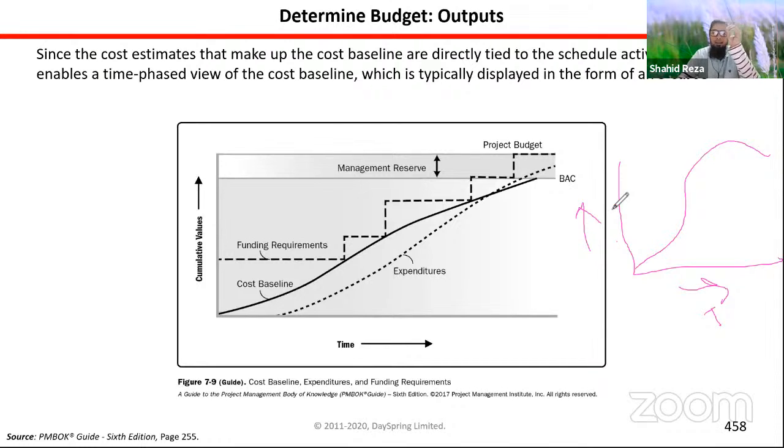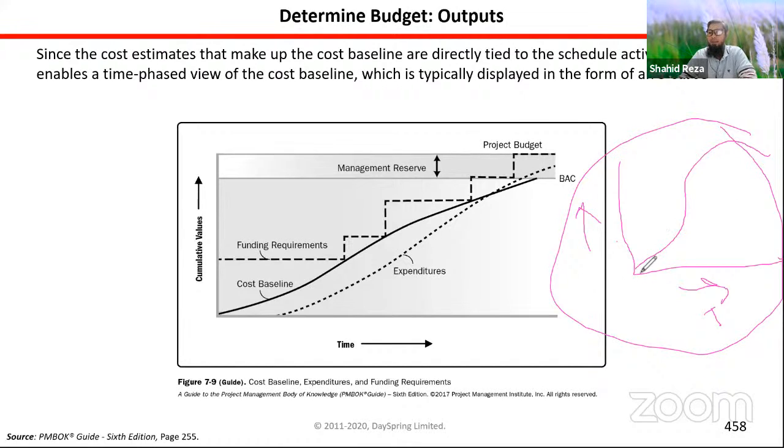And in the practical field, we use S curve frequently in different projects, because the S curve gives you the progress report, the expenditure report: how much you are actually spending and what the plan was. You can see that figure from here.